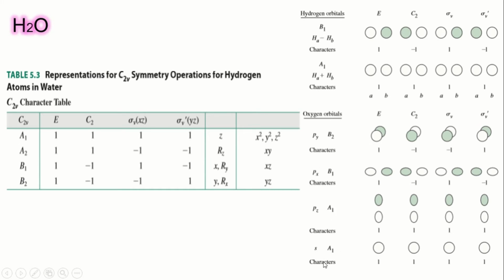The s orbital is unchanged by all operations, so it has A1 symmetry. An s orbital is totally symmetric, as we can see right here.